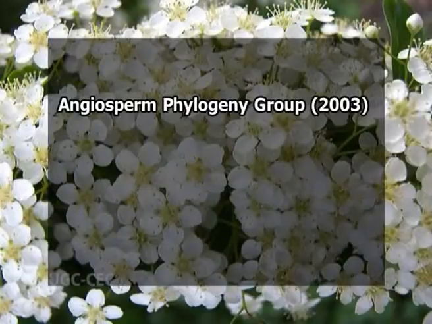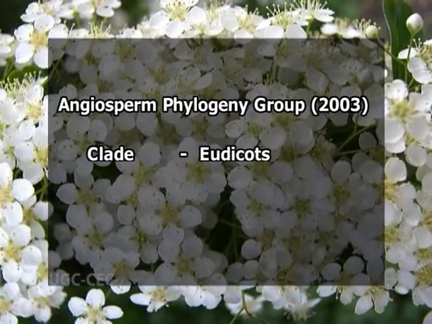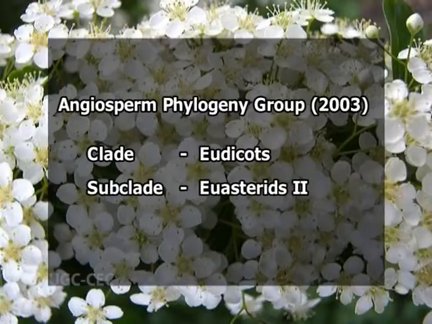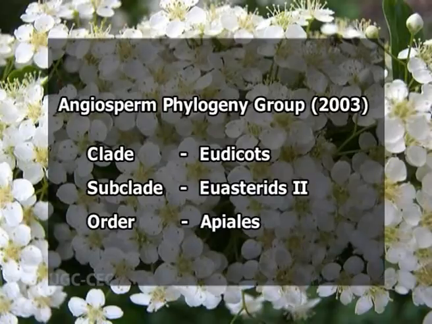Very recently, the Angiosperm Phylogeny Group, who have given a phylogenetic classification, recognize this Apiaceae family under the clade Eudicots, that is, Eu means true dicots. Then under the subclade Euasterids II, and the order Apiales.